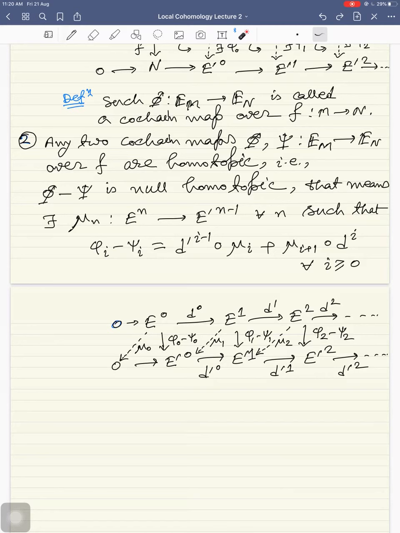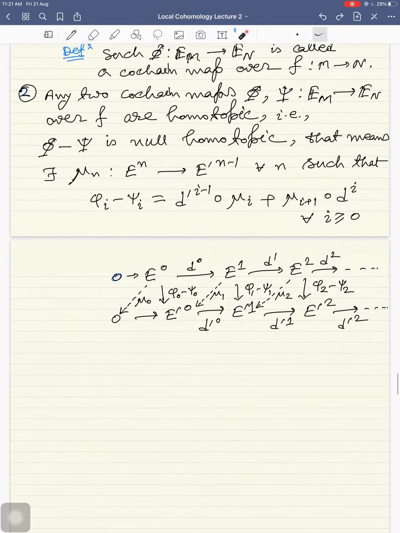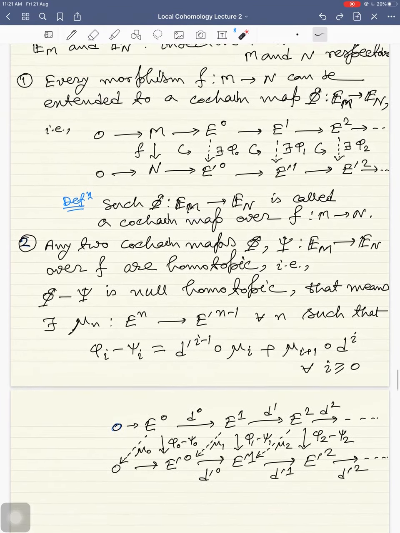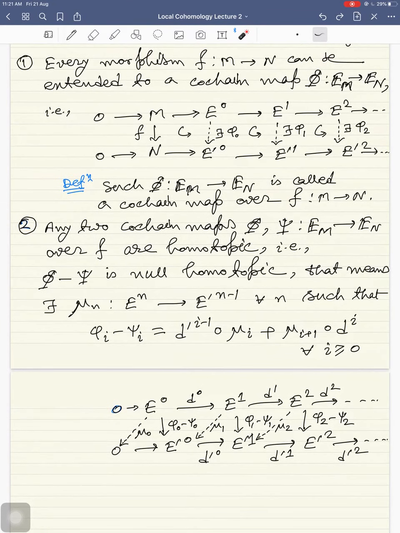I should write this statement more precisely later. But at least using these two statements, now we can prove that any two injective resolutions of an R module M are homotopy equivalent.